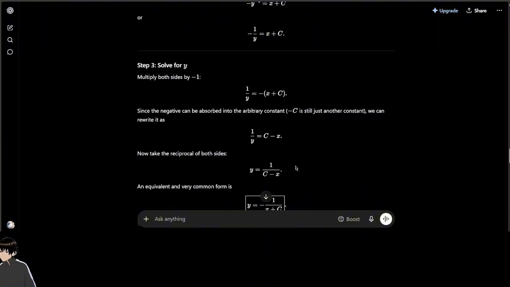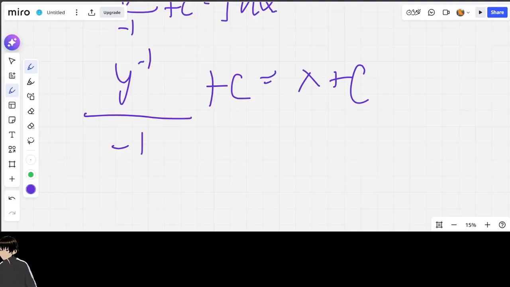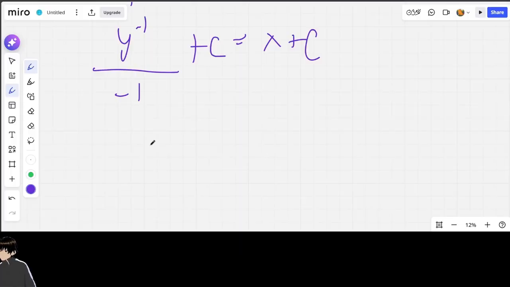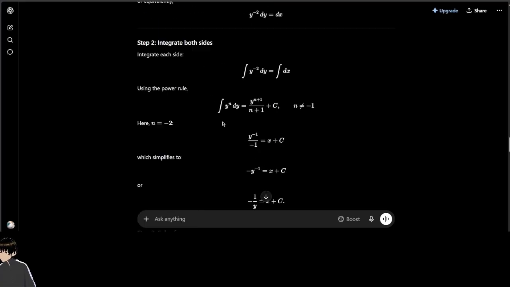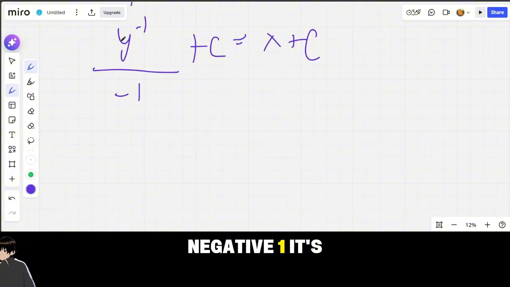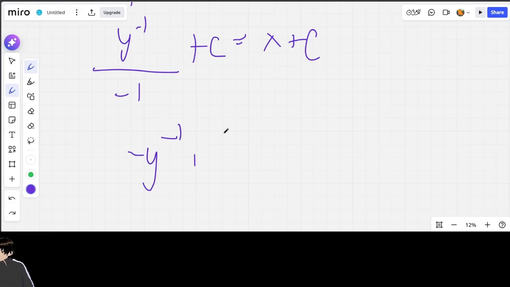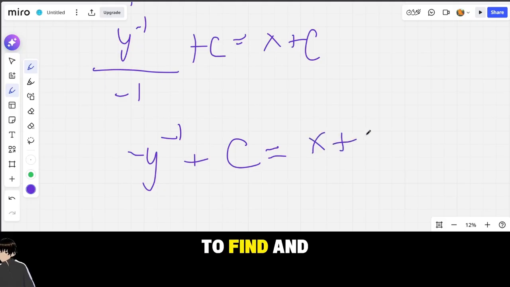Okay. So negative y to the negative 1 divided by negative 1, then we have plus c, equals x plus c. Now we have to solve for y.